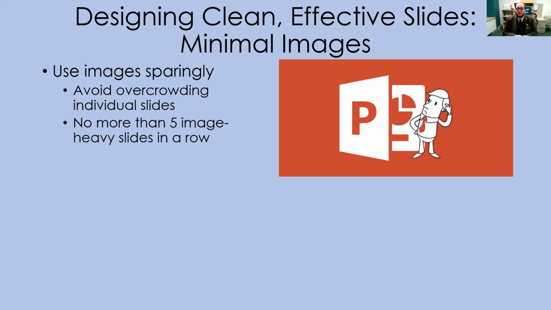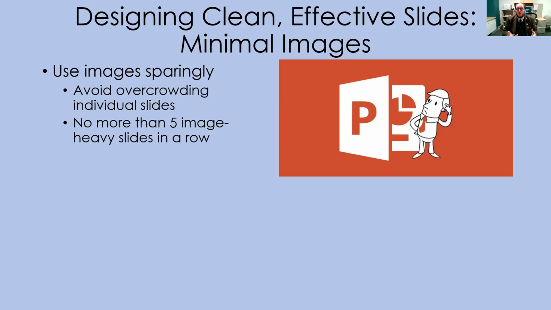In terms of incorporating images, you generally want fairly minimal images, both within individual slides themselves. You want to avoid overcrowding. I've seen slides with just a collage of pictures on them, and the eye doesn't necessarily know where to go.